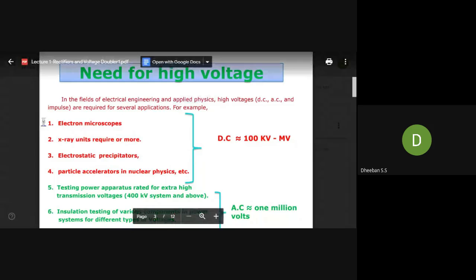Mainly they'll be made in laboratories, where they make use of these high voltages. So one application is the electron microscope. The second one is the X-ray unit. X-ray units also use high voltages. Why?